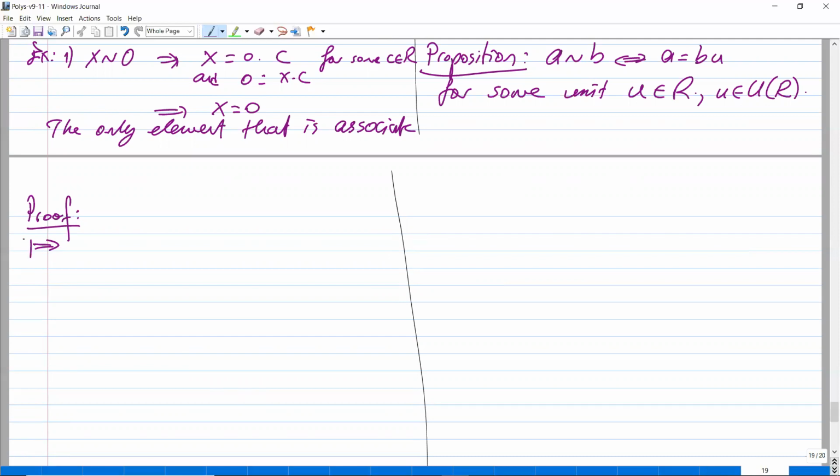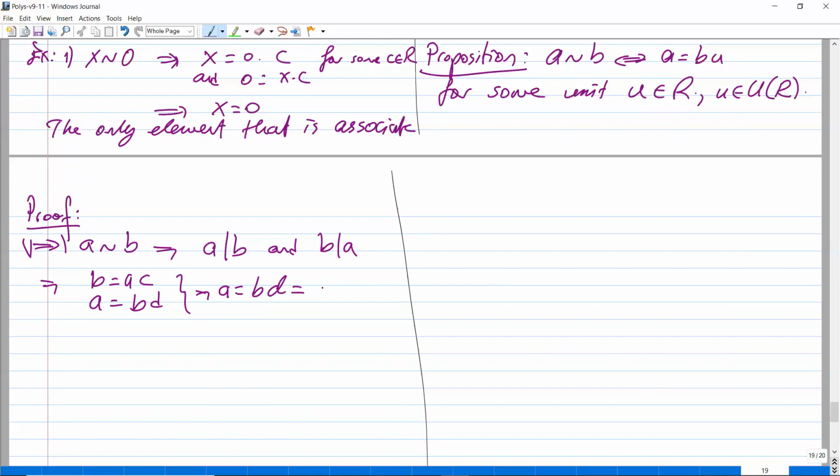Suppose that A is associated to B. This implies that A divides B and B divides A. Since A divides B, B is equal to A times C, and since B divides A, A is equal to B times D for some element D. Therefore A is equal to B times D, and replacing B by AC, A is equal to ACD.